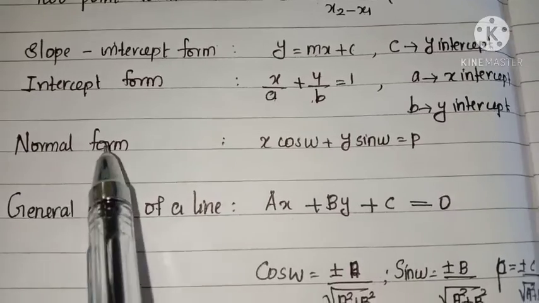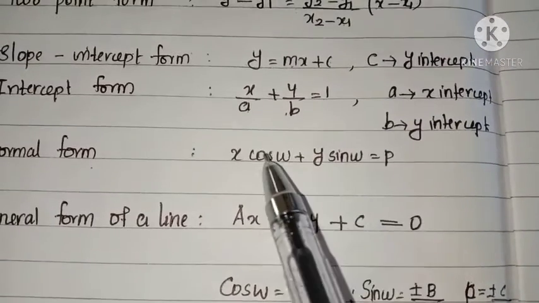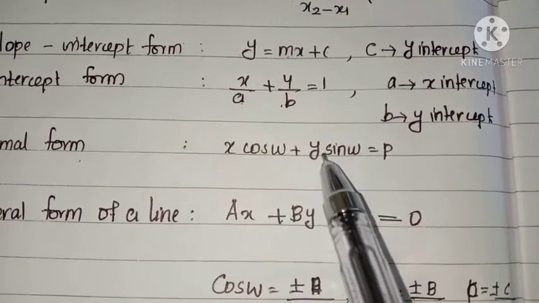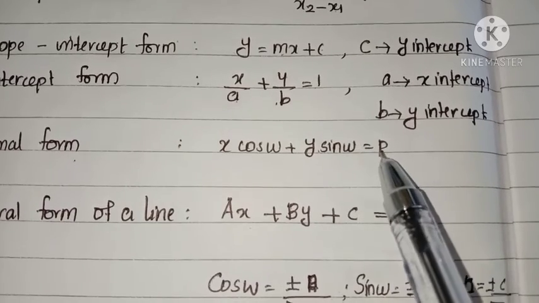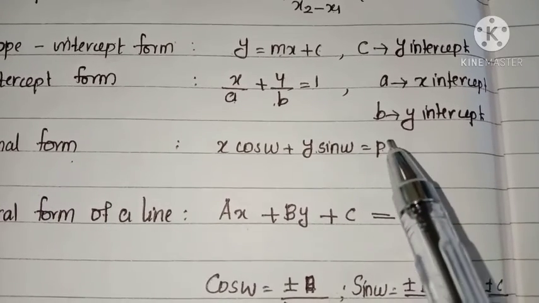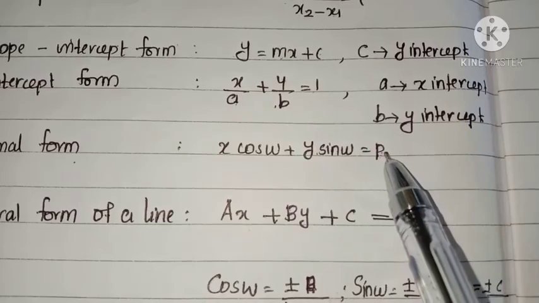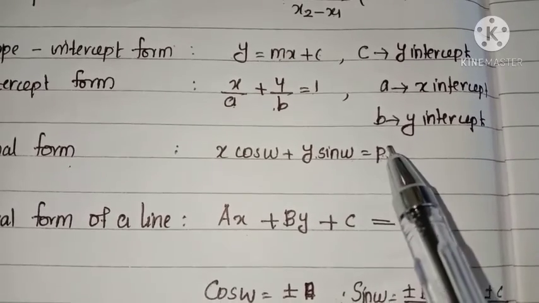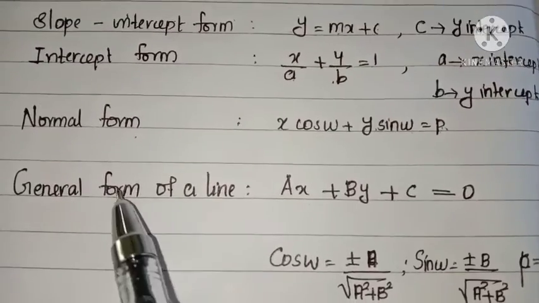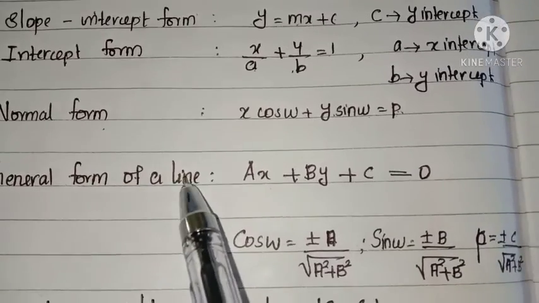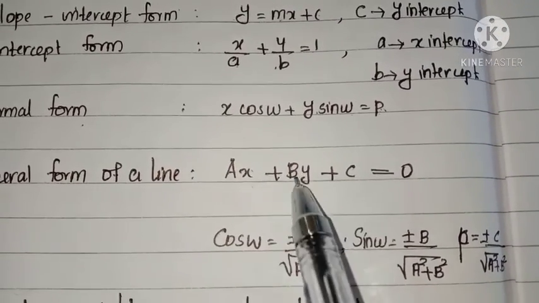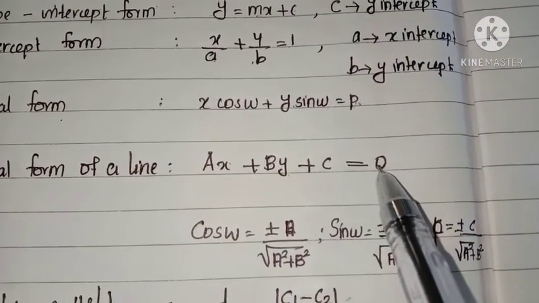Next is the normal form of a straight line, that is x cos omega plus y sin omega equal to p. Listen here, p is the length of the perpendicular from the origin to the line. Now the general form of a straight line is ax plus by plus c equal to 0.